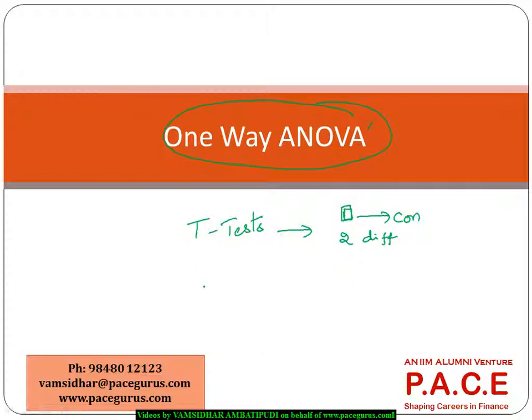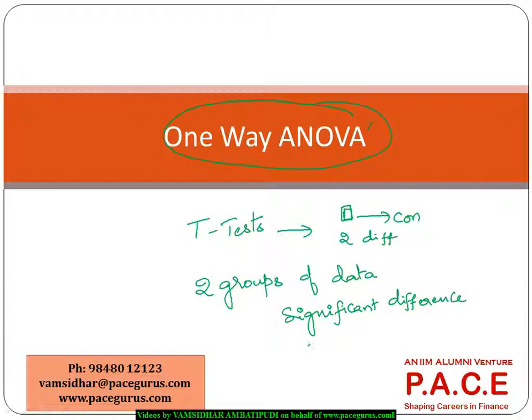Now, if I have more than two groups of data, and I want to compare the means to see whether there is any significant difference in the means across the various groups of data.